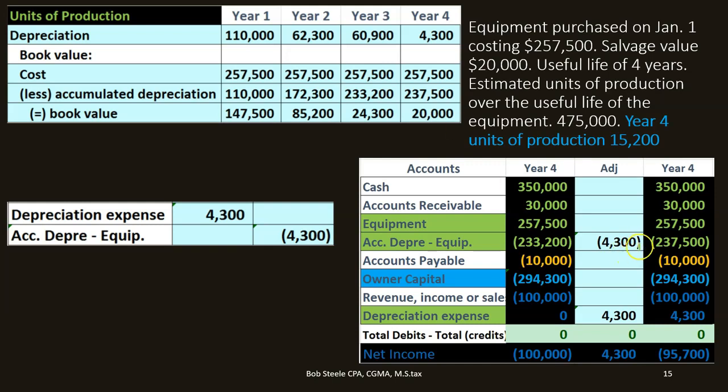We can't have a credit in this account larger than the cost that we bought the machine for. So the idea is that we are allocating the cost over the useful life. If we allocated incorrectly, then it's not the cost that was wrong, it's the allocation of the useful life that was wrong.